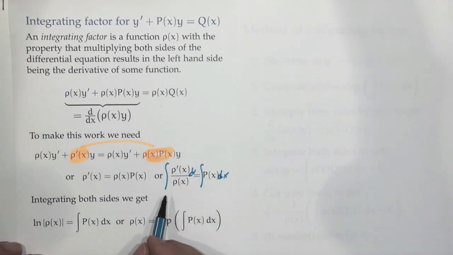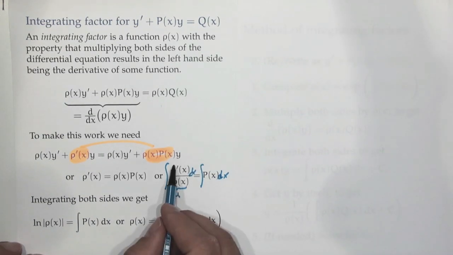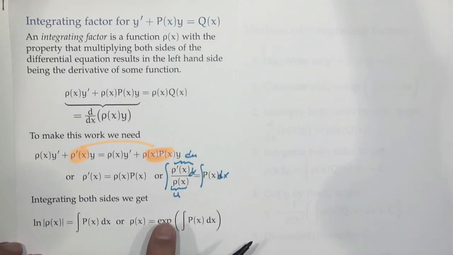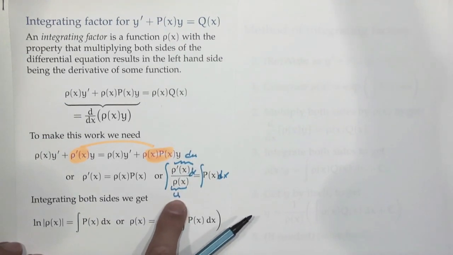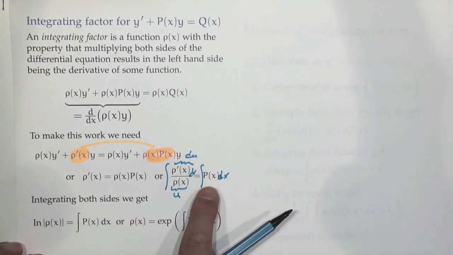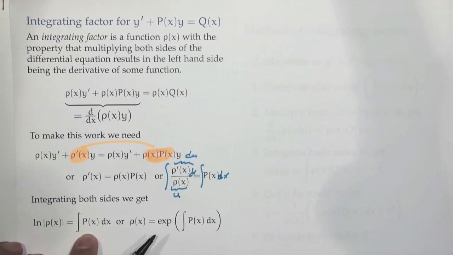So if you think of the denominator here as being your u, then rho prime of x dx is your du. So that we have the log of u. So that's how we get this log of rho of x. That equals the integral of p of x dx.